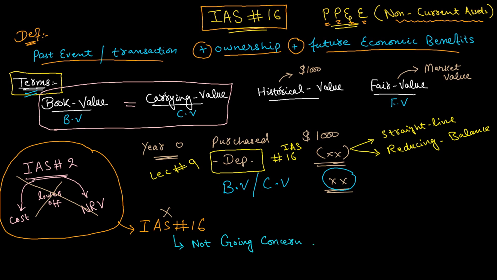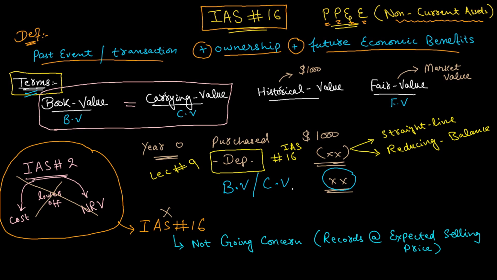Then only in this case the companies will be required to record their assets at their expected selling price. So except for this case, we will never record our assets at NRV.